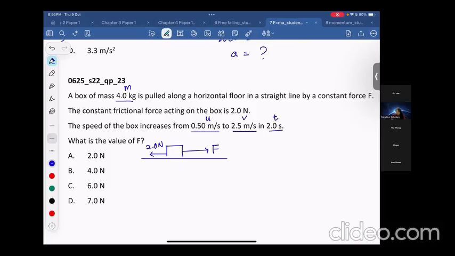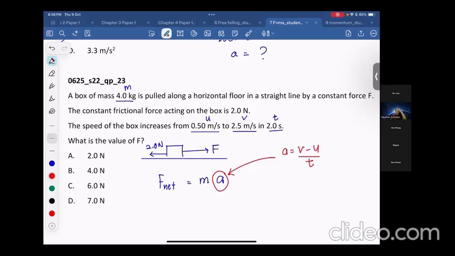Teacher, how can I count? What formula can we use? We got F, we got m, then we got this part. Actually, we can use what we learned today, F equals to ma. But we don't have a. Are you guys able to find a first? How to find a? a equals to v minus u over t.